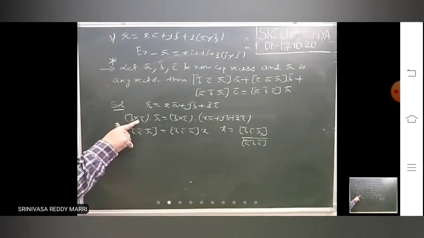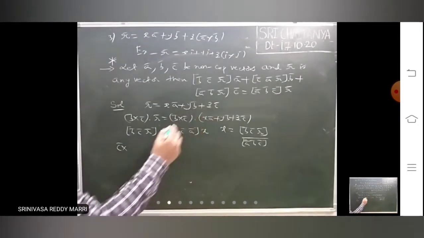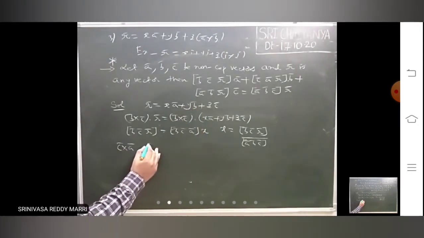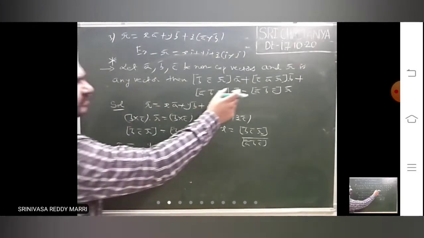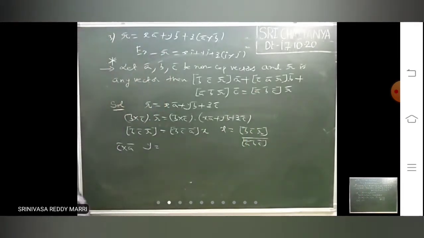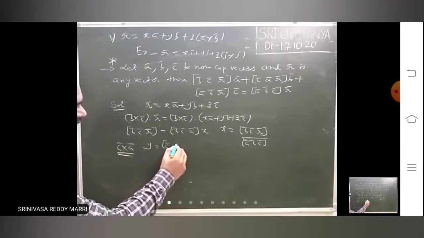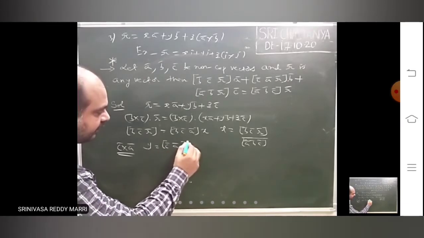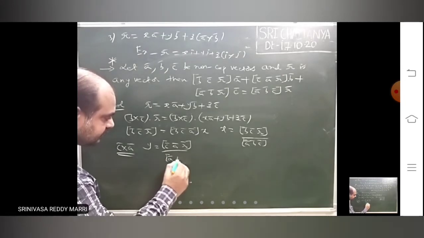Similarly, I have done dot product with B cross C. Similarly, you do dot product with C cross A, then you will get the Y value. Look at here, before B bar what is there? C bar cross A bar dot R bar. So Y equals box of C bar, A bar, R bar divided by box of A bar, B bar, C bar.